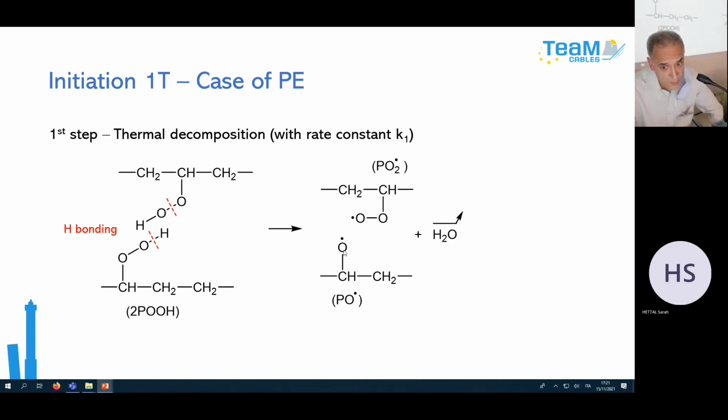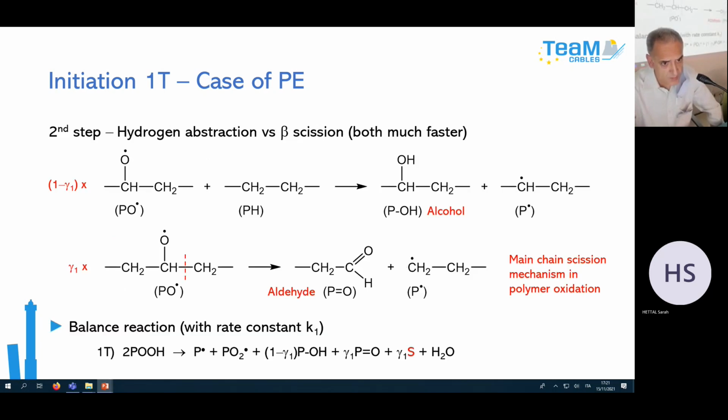This alkoxy radical is very unstable, so it will rearrange very rapidly in two possible ways. The first one is the classical hydrogen abstraction. So you abstract one hydrogen atom from a polyethylene chain, and you form an alcohol.